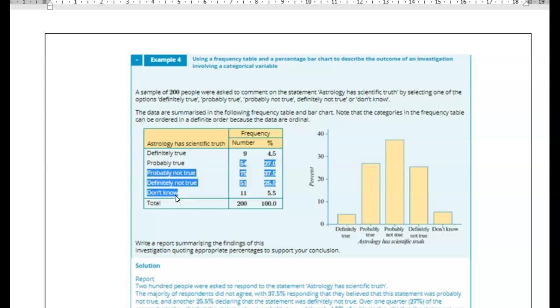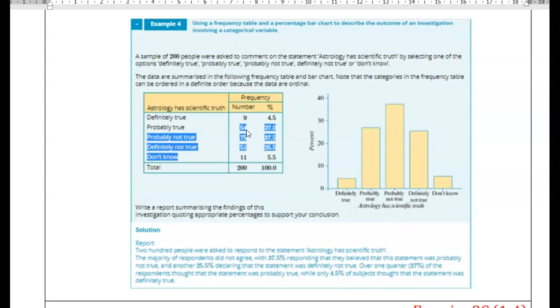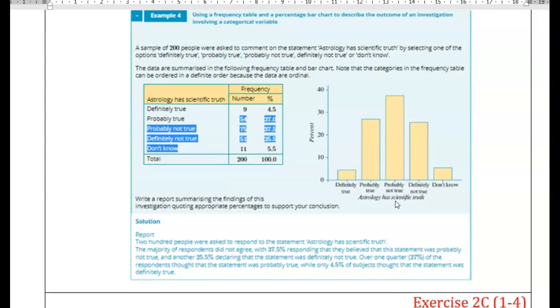Okay, so we're able to order those choices, so therefore it's ordinal data. Okay, so you can see here the number has been done and also the percentage. You can see the modal category by the most popular, so you can either look at the number or the percentage, or you can also look at the bar chart. So here is a nice bar chart and it's got the percent on the side, not the number. Okay, and you can see probably not true is your modal category.